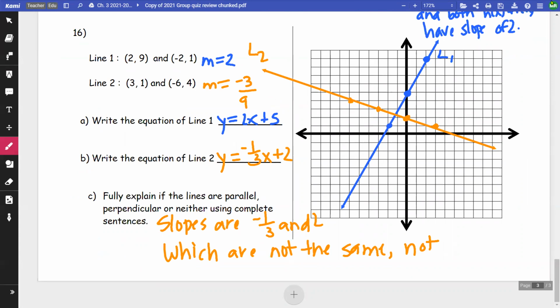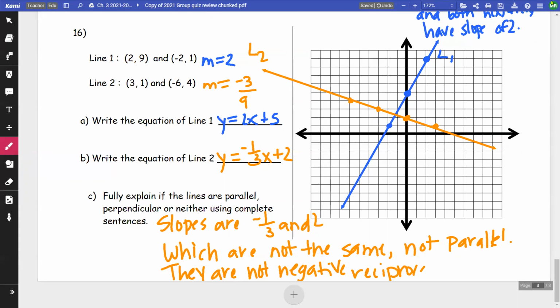So that means it's not parallel. And then they are not negative reciprocals. So not perpendicular.